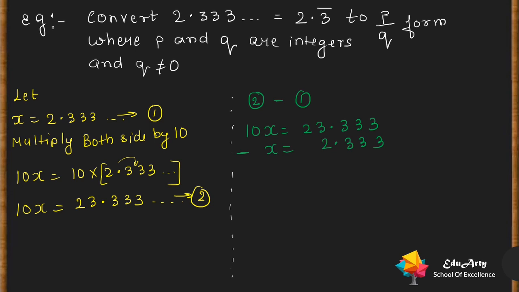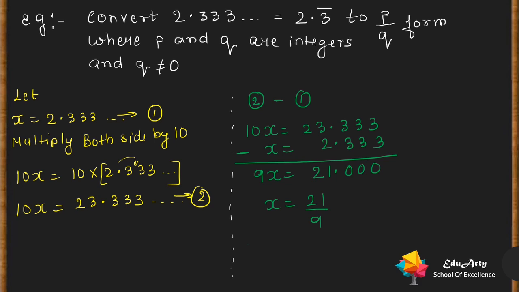If you subtract this, 10x minus x, you get 9x, and 23.33 minus 2.33, you will get 21.000, correct? So basically this is x is equal to 21 by 9. This is equal to your P by Q form, correct?